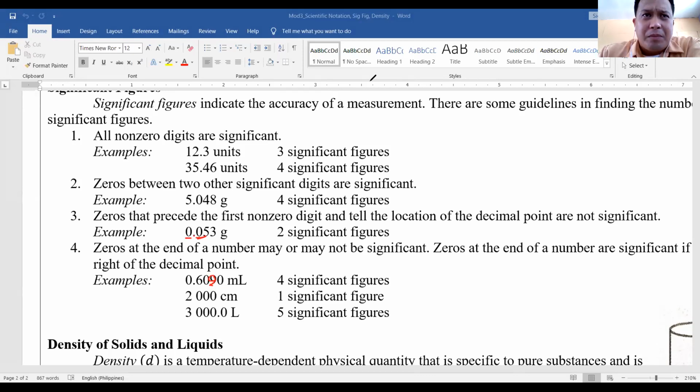Get it? But this 0 does not follow the numbers 5 and 3. Instead, it precedes the digits 5 and 3, so this 0 is insignificant. Get it? Also, class, let's look at the decimal point. Zeros, this one, zeros.